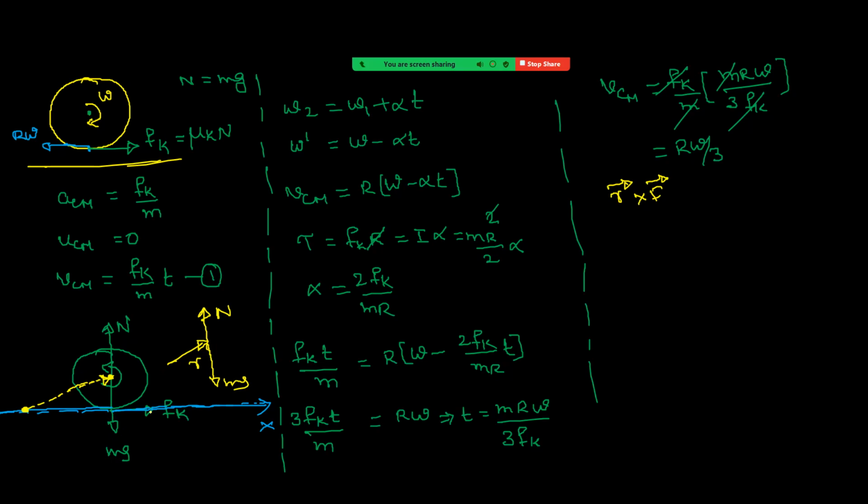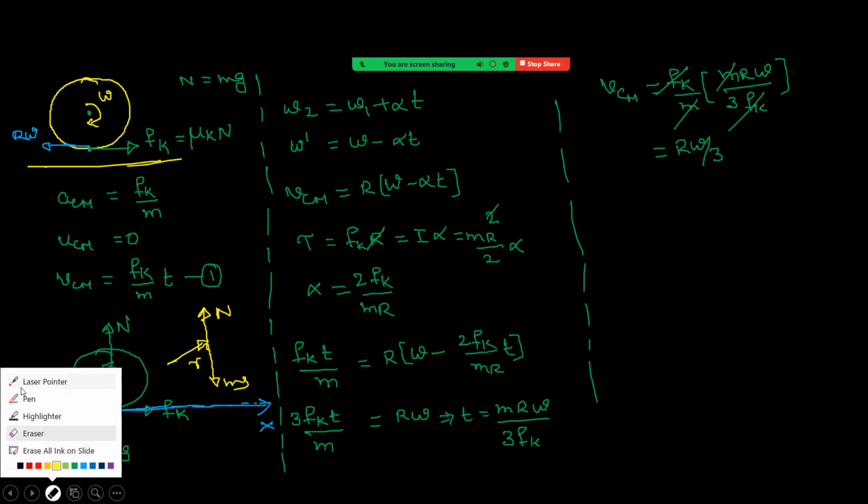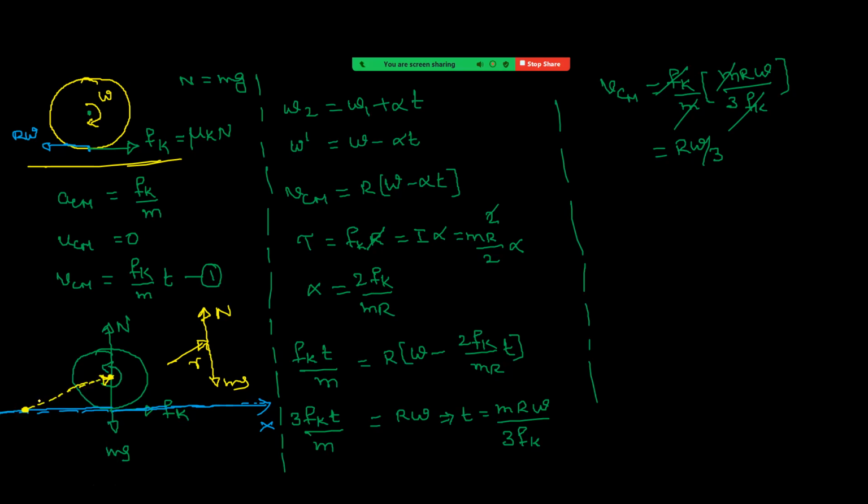The frictional force acts at the contact, and this force passes through this point. That means because of the frictional force, no torque is acting. That means now the net torque on the wheel about any point on the x-axis is zero. This is our final conclusion.